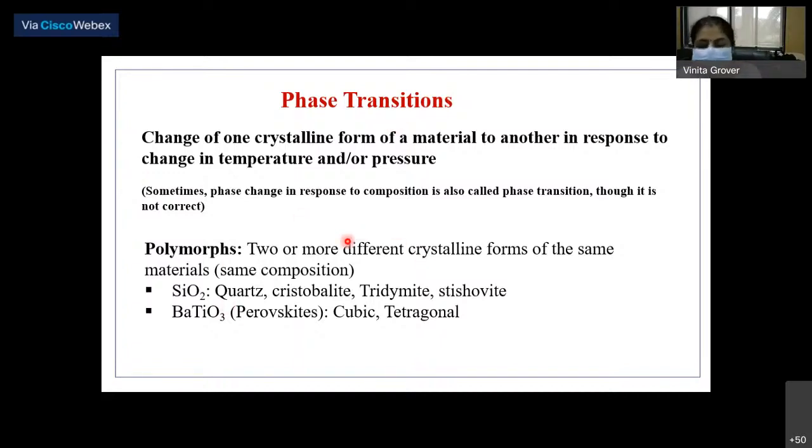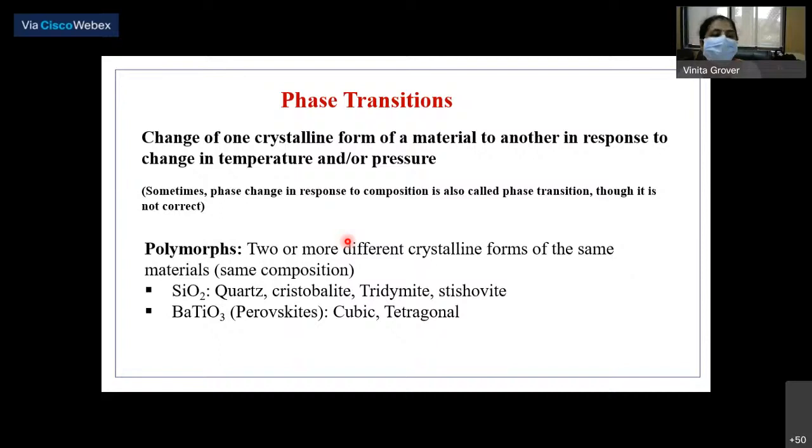Sometimes, however, like we were talking about solid solutions, as you change the composition of the material, you also observe a phase change. In fact, we did one example. We said ZrO2 is monoclinic, and as I substitute calcium or yttrium in its place, it becomes cubic fluorite. So that is nothing but a phase transition.